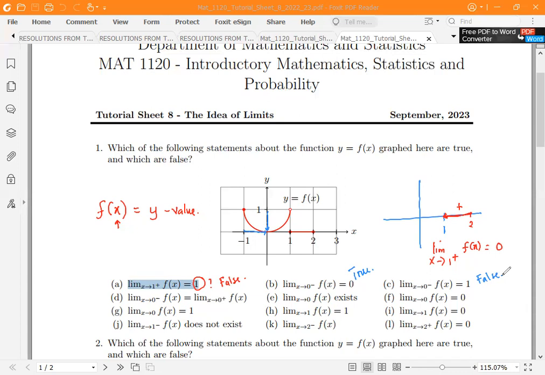I think here you wanted to ask, by editing it, we put a plus. I think the idea was to ask as it approaches 0 from the right. And the question should look like that.